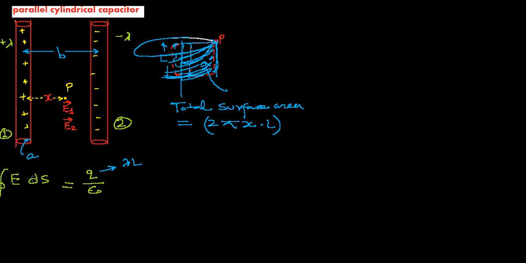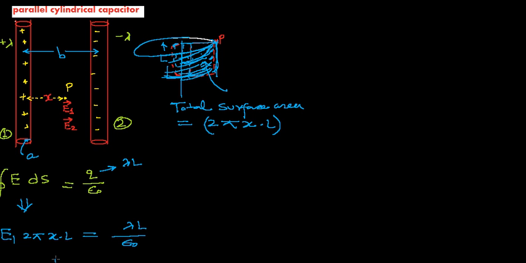And what about the total integration over the surface? E will be uniform at each point, so E will be constant, and the total area is 2 pi x into L. Then the integration will be E1, due to cylinder 1, into the total area 2 pi x L. That will be equal to the total charge lambda L over epsilon naught.